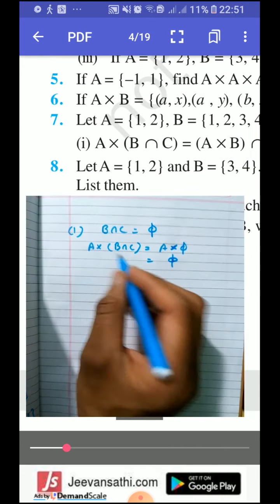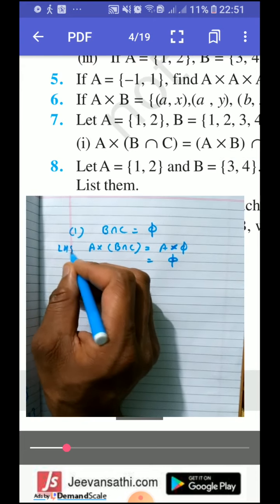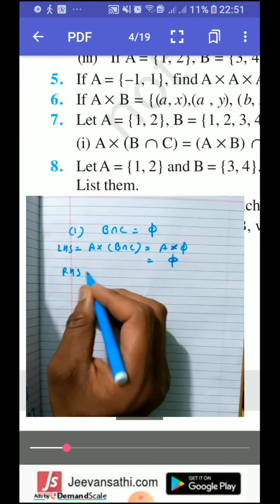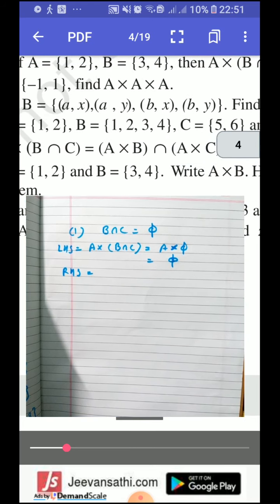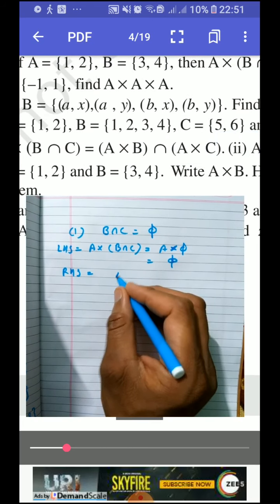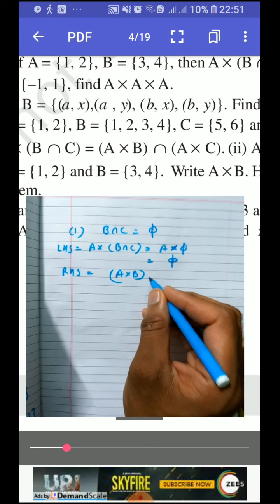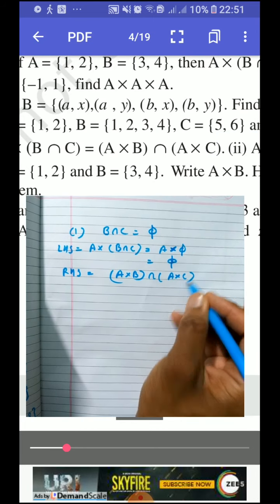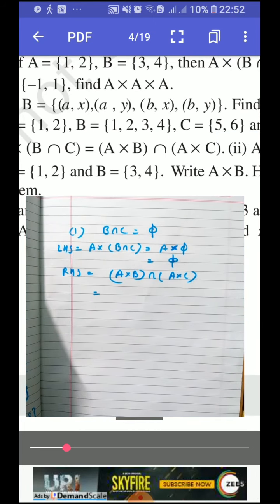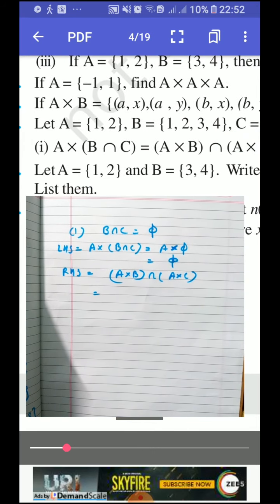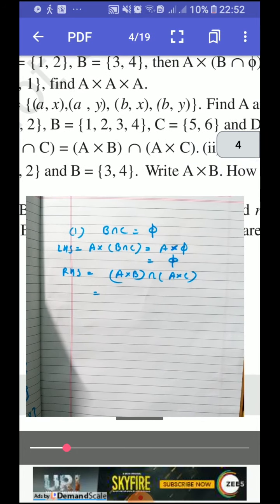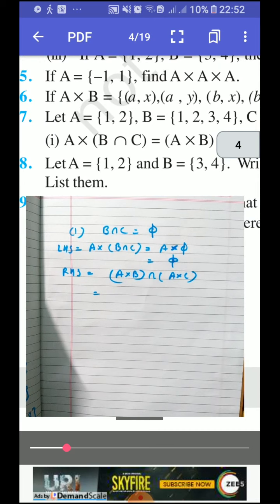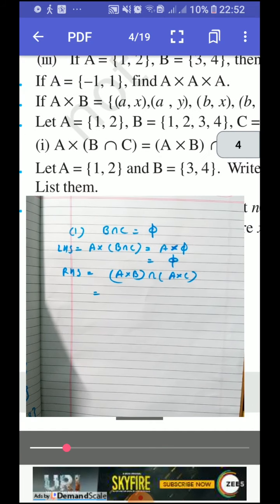This is the left hand side, LHS. The right hand side, RHS, is (A Cartesian B) intersection (A Cartesian C).